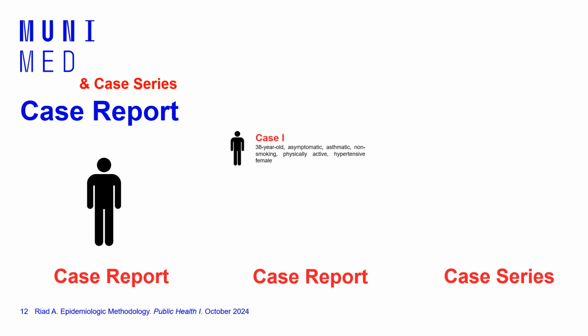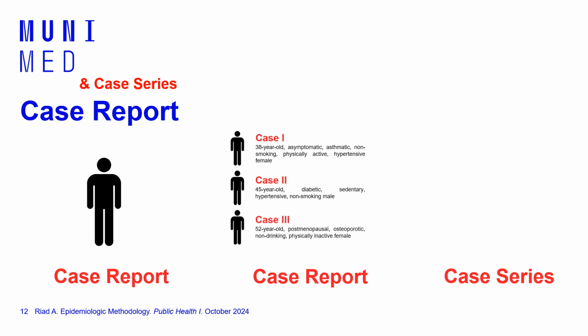And you will see here what's the difference between a case report and a case series for a group of patients. If the group of patients are described individually, which means you have case 1, a 30-year-old asymptomatic, asthmatic, non-smoking, physically active, hypertensive female, and then detailed information for the second case, a 45-year-old diabetic, sedentary, hypertensive, non-smoking male.